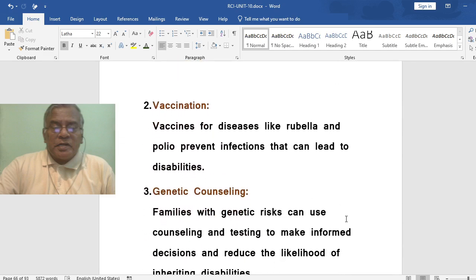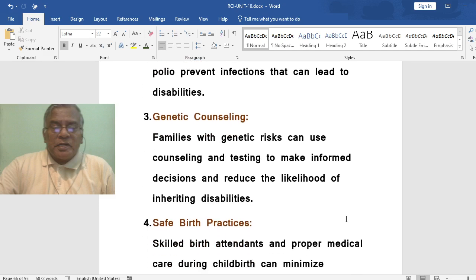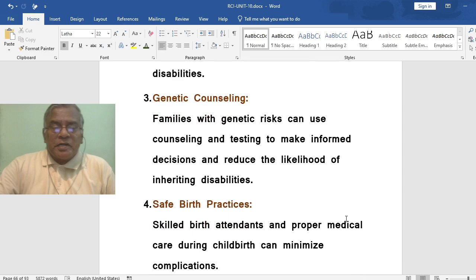Then vaccination. Vaccines for diseases like rubella and polio prevent infections that can lead to disabilities. Thirdly, genetic counseling. Families with genetic risk can use counseling and testing to make informed decisions and reduce the likelihood of inheriting disabilities.